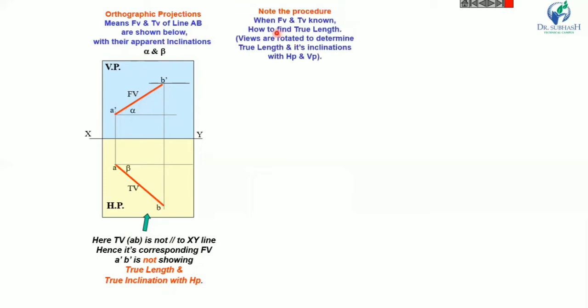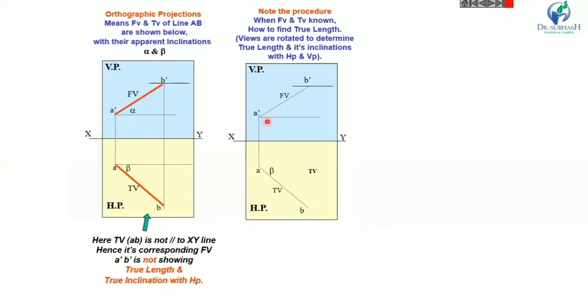Now, when the front view and top view are known and you want to find out the true length or the inclination with HP and VP, you can see A dash B dash and AB, the front view and top view, are known. Now we have to find the true length and true inclination with HP and VP.